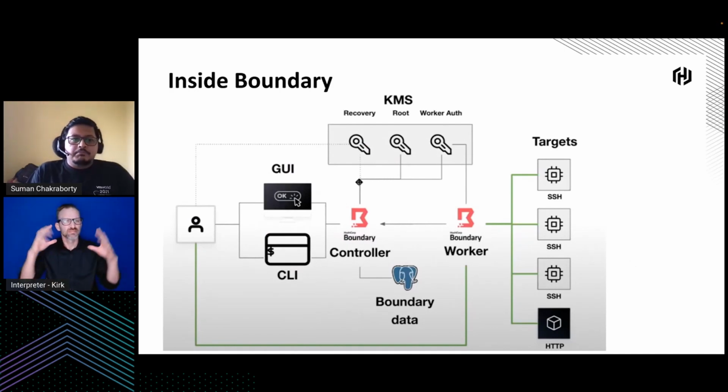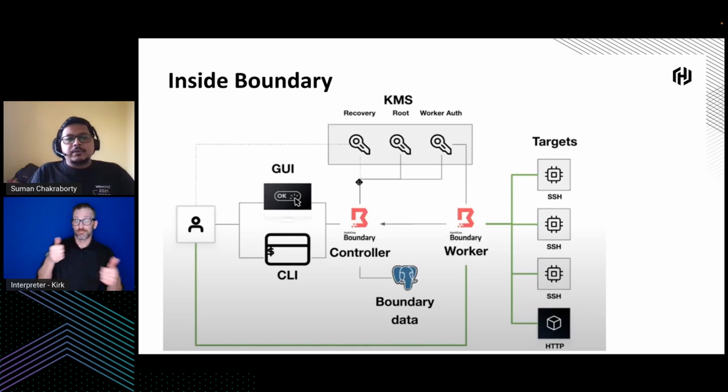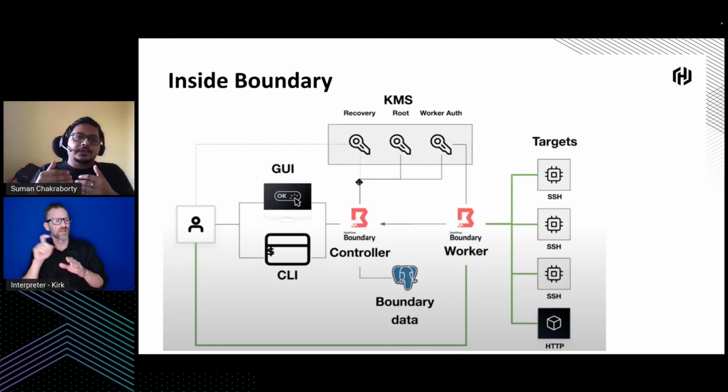So let us see how Boundary actually works in practice. Boundary has a feature called a controller and a worker. Whenever any request comes to the Boundary controller, which as a user, a developer or an end user, you can make through the graphical user interface provided within Boundary, via the CLI, or using a REST API call as well.